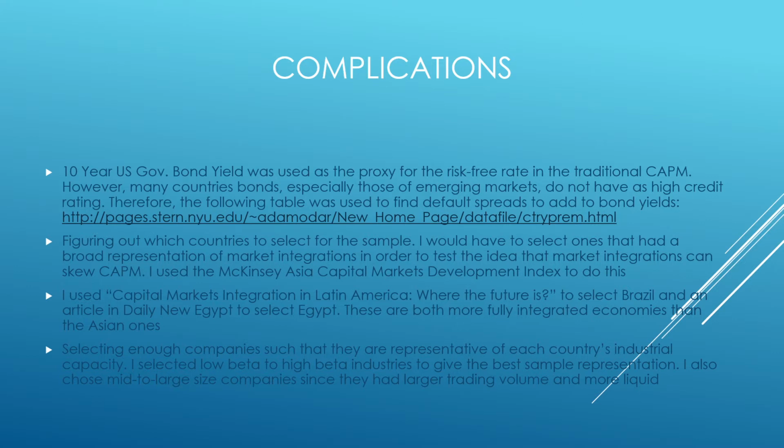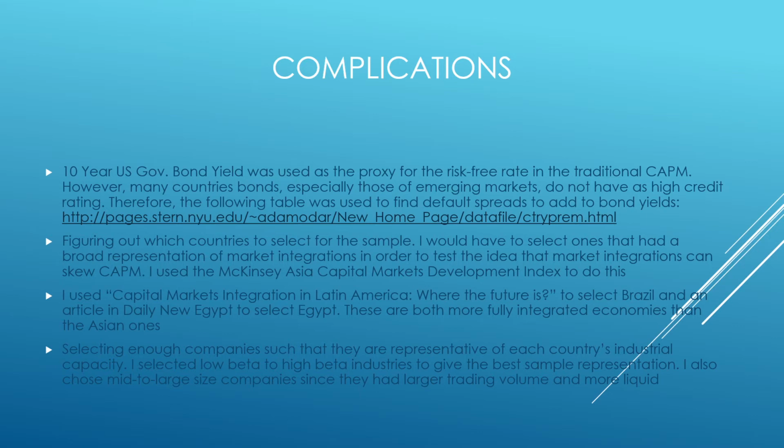And the second issue I ran into was determining which countries to actually select for the sample. So for this, I consulted the McKinsey Asia Capital Markets Development Index, which looked at factors such as investment opportunities, government regulations, transaction costs, transparency, and capital inflow and outflow restrictions to measure the degree of market integration.